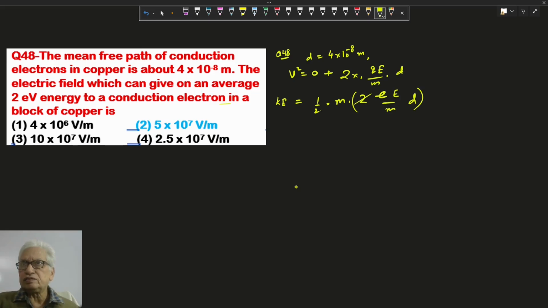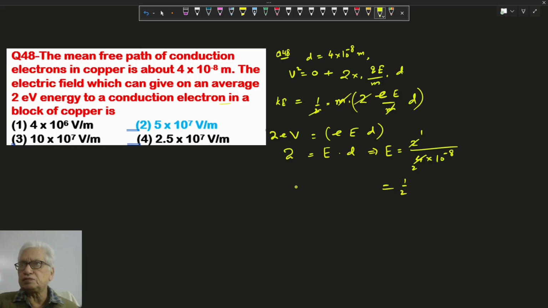So the m cancels out, given E into d, force into distance. And kinetic energy is given as 2 electron volt. So here 2 electron volt over e, divided by 4 into 10 power minus 8. This will be 5 into 10 power 7, the electrical field. Option 2 is correct.